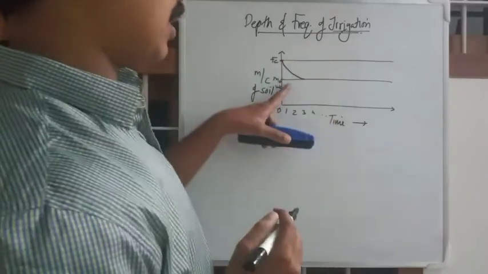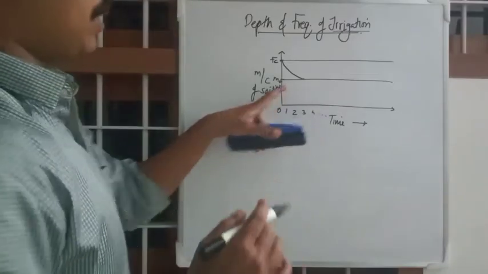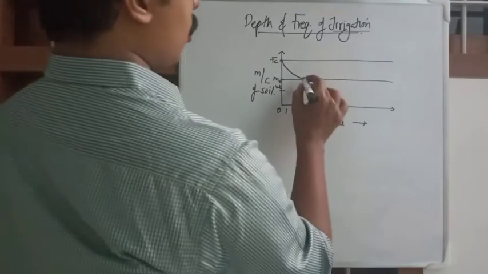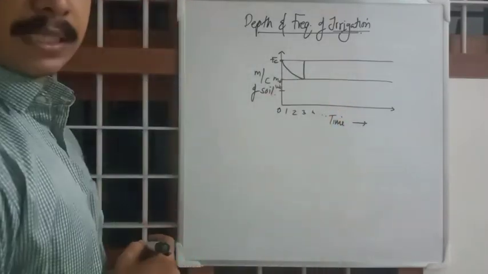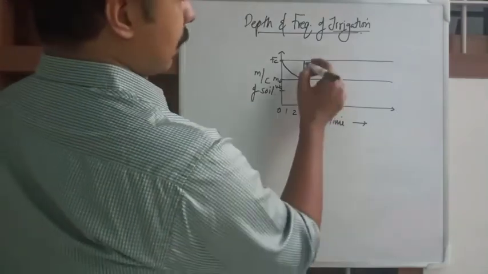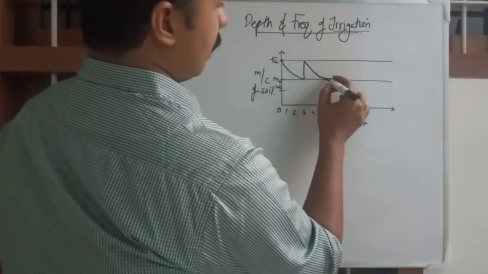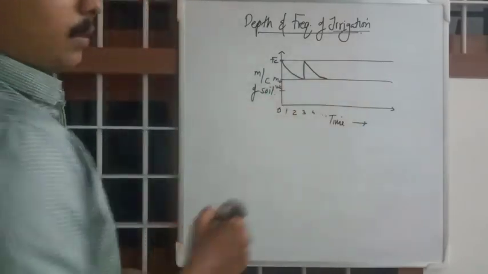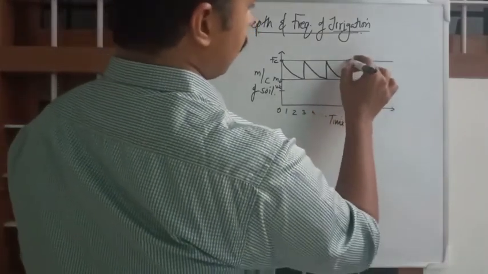And when it reaches M0, the lower limit of readily available moisture, we will water again. We will pour water into the field and then it suddenly increases to FC. Then as time goes on, it will lower and lower again, and when it reaches M0, we will water it again. So the cycle will continue.